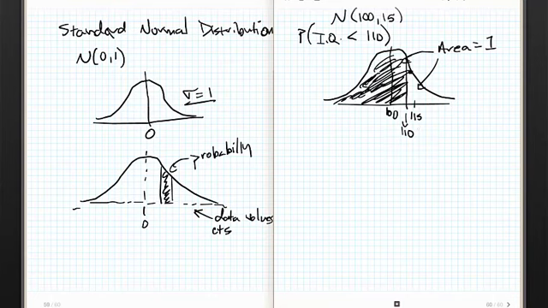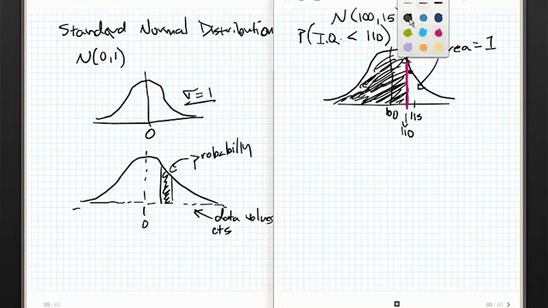That is exactly the probability that we select a person at random with an IQ less than, or believe it or not, less than or equal to 110. Using this curve, it is impossible for us to figure out the probability of finding a person with an IQ exactly equal to 110, because I have to build out area. Any single value has no area. It's got no width, so there's no way to measure its area.